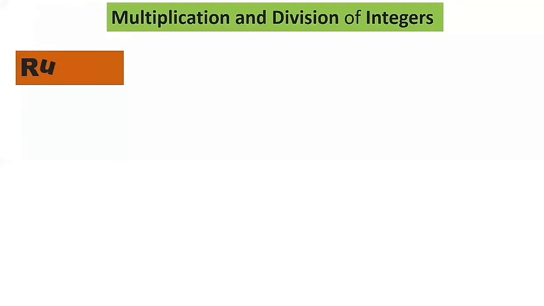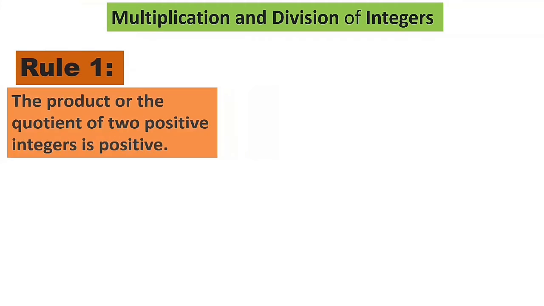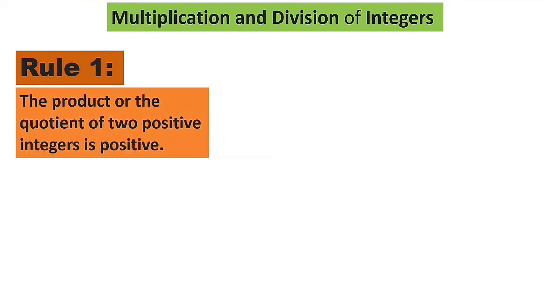Rule number 1. The product or the quotient of two positive integers is positive. So positive times positive equals positive. Same in division. Positive divided by positive is equal to positive.